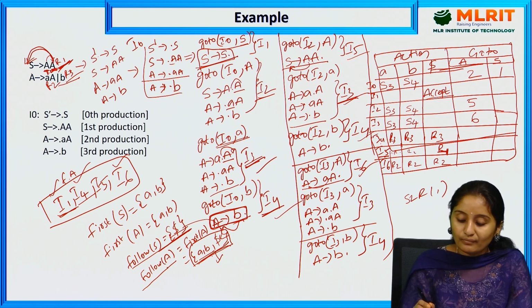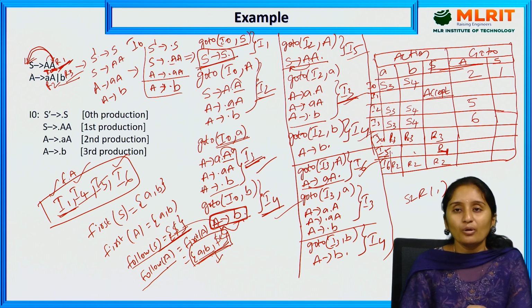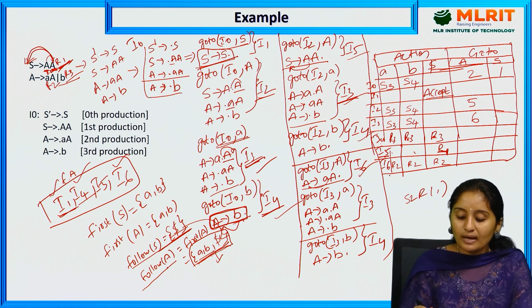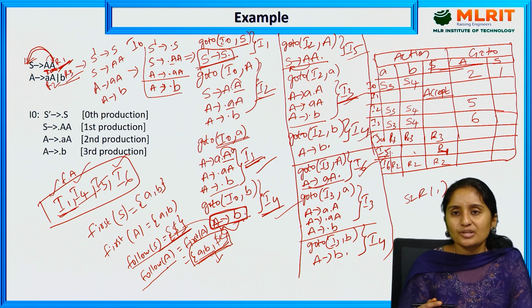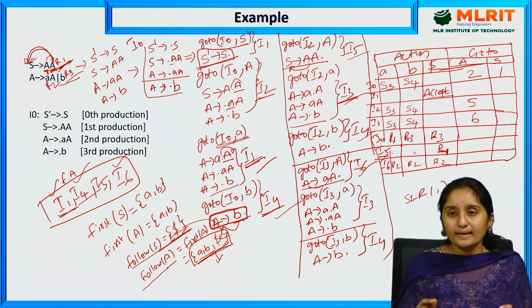But here we are going to reduce that by applying the follow function. From the LR(0) table to the SLR(1) table, the reduction part is reduced. So that is the main difference between LR(0) and SLR(1).